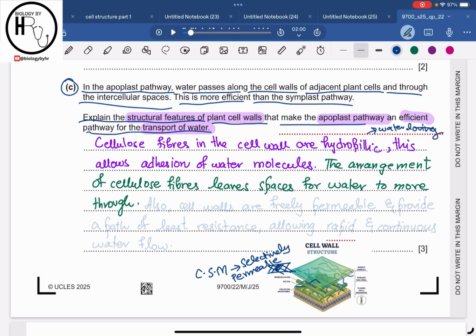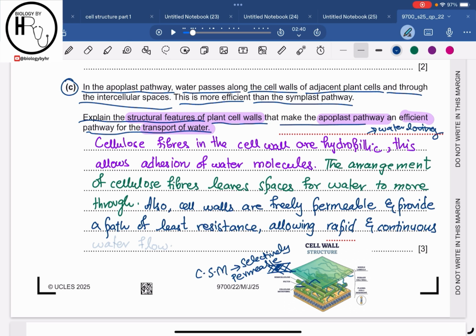Cell walls are freely permeable. So as the cell walls are freely permeable, it provides a path of the least resistance, allowing a rapid and continuous water flow. So this will also offer a path of the least resistance, and it will allow the water to flow freely between the cells as well. So this is basically how you can write a structured answer for this part.